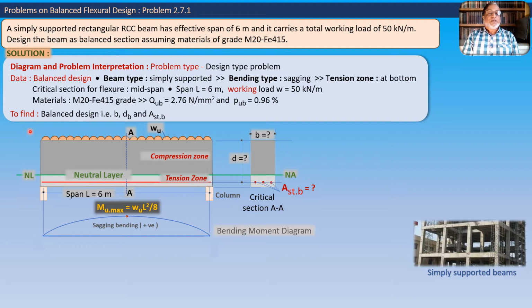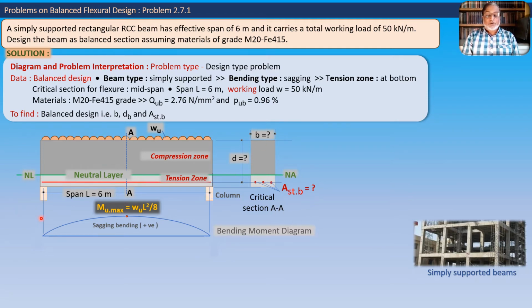We know that to design a beam means to find or decide its dimensions, its cross-sectional area, as well as the amount of steel we want to use in it. Since this is a balanced design, we will be using the suffix B with the symbols. So we want B, DB, the balanced depth, and ASTB, the area of steel for the balanced section. Here B is not known, D is not known, and ASTB is not known.